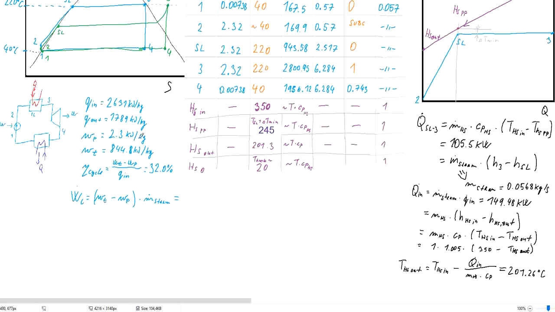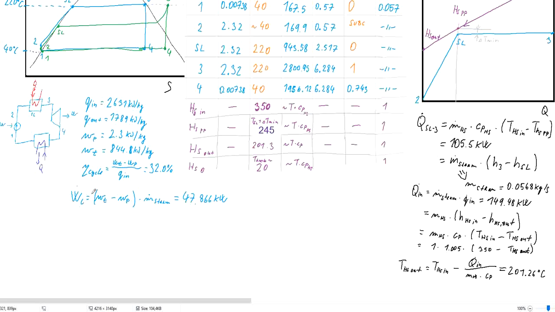So the work of the turbine 844 minus work of the pump 2.3 multiplied by 0.057 is 47.866 kilowatts.